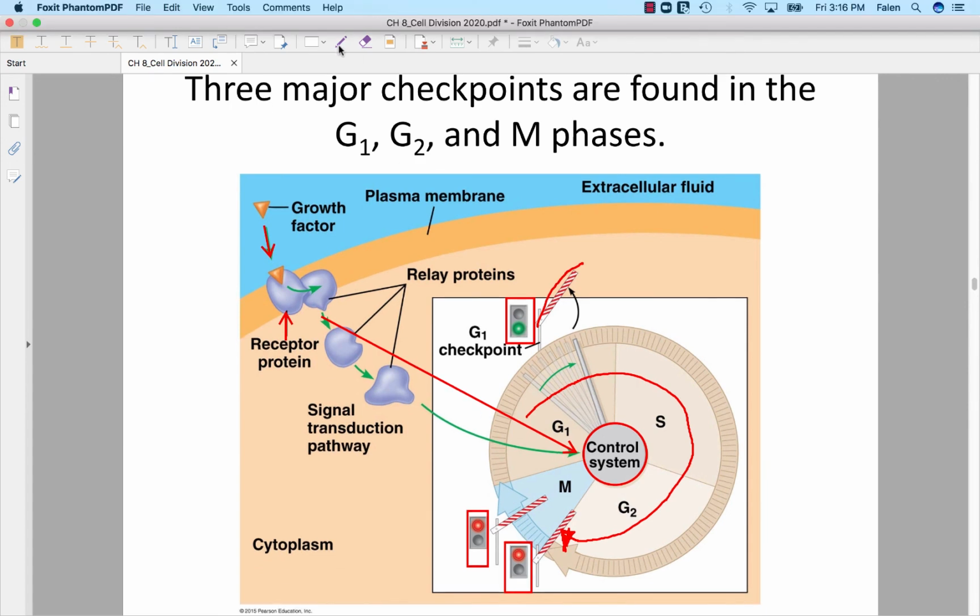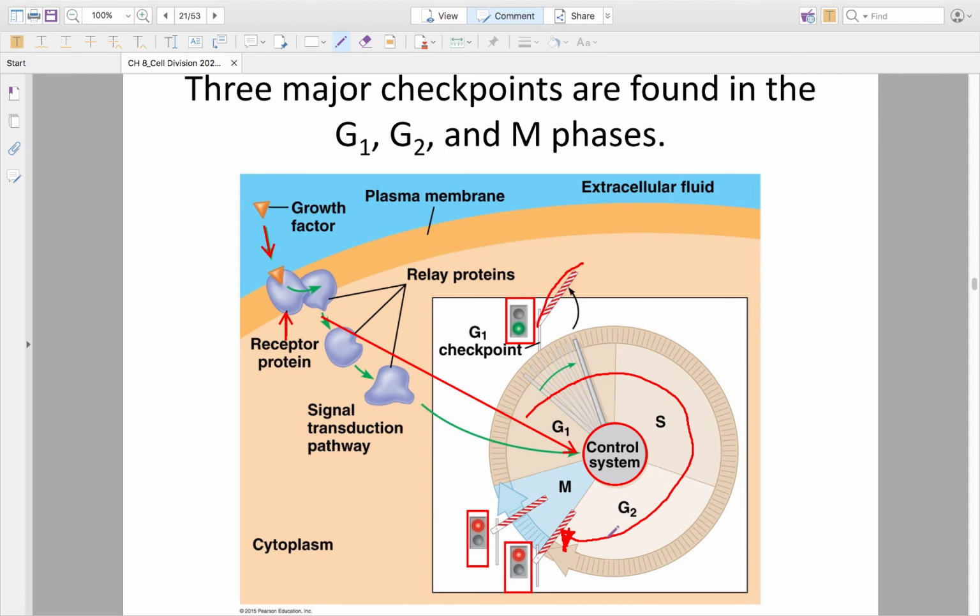Okay, let's say that there was a mistake. Let's say that the G2 checkpoint caught a miscalculation of chromosomes. There's an error in the DNA synthesis. Okay, the cell has to be destroyed, and it will be. So it's removed out of the cycle. Okay.